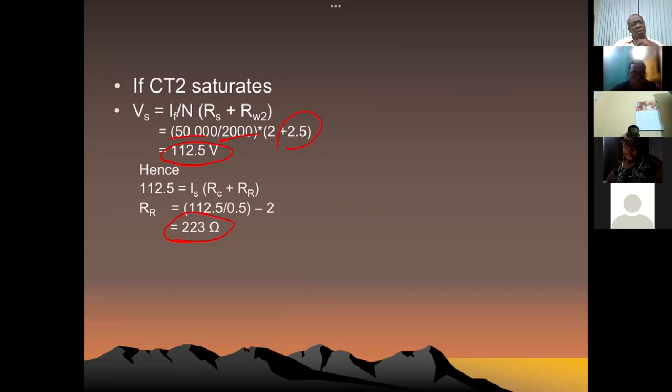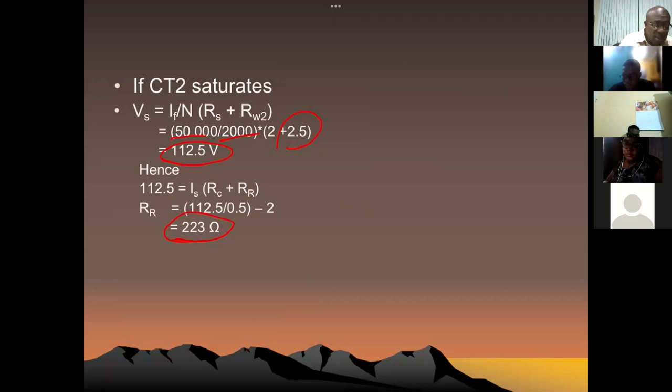And if you recall, in your lab, you would have been exposed to fault surveys where you would be able to see what the maximum fault currents at different sections across the network would be equal to. So you now know what this maximum current is that can possibly pass through your unit. So that's how we get the 50K, all right? You know the CTs you are working with, etc. So if CT1 saturates, we need 173. If CT2 saturates, we need 223.